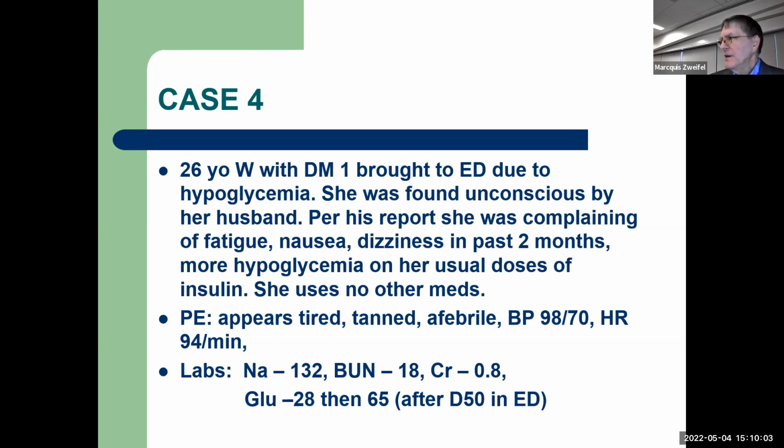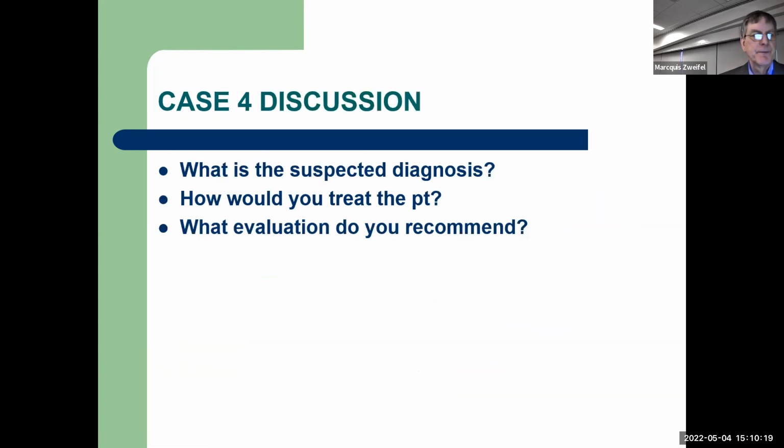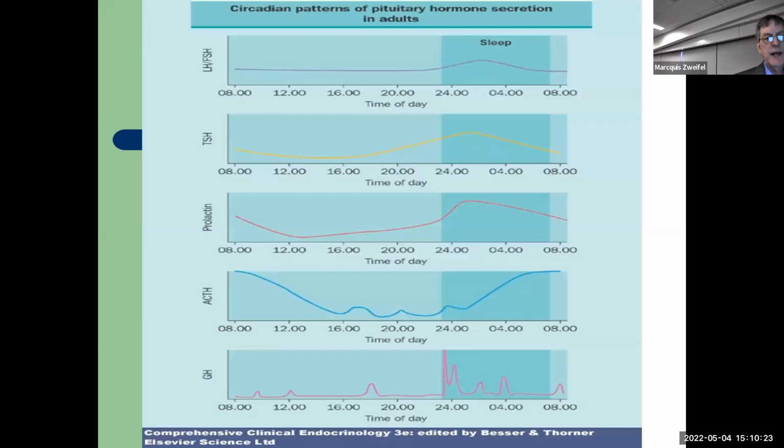So you go, well, you know, she took too much insulin. I want you to think past that, okay? Because the key is, the past 2 months, she's been complaining. So something's been going on, okay? So what do you think it was? Well, we have a lot of circadian hormone rhythms, okay?